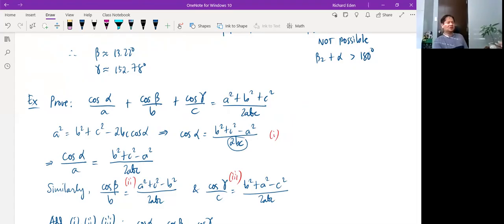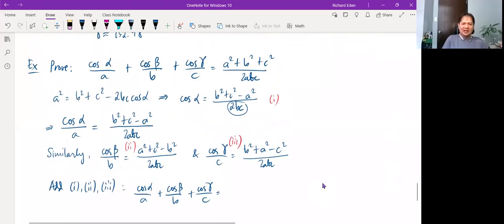You could make the denominators the same if you divide cosine alpha by A, cosine beta by B, and cosine gamma by C. Then you can add them together because you have similar fractions.